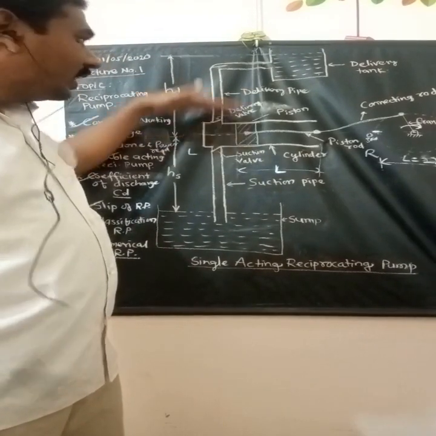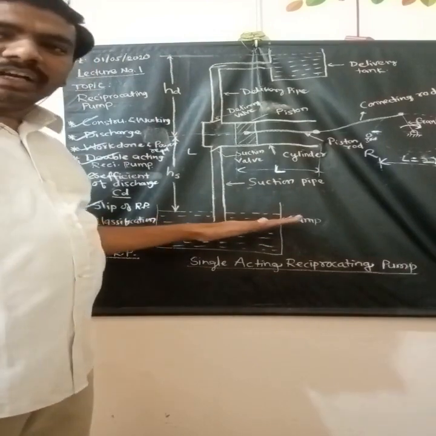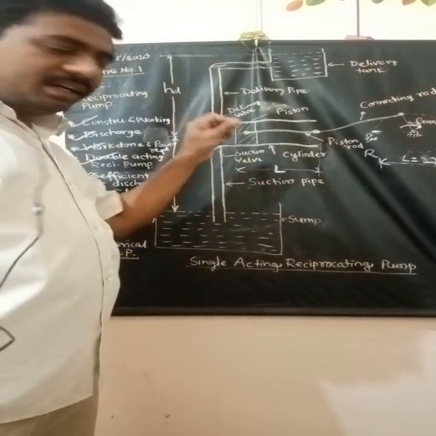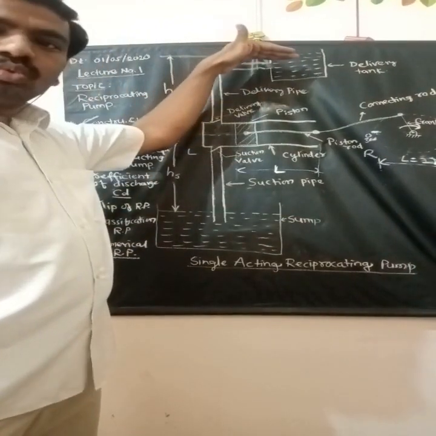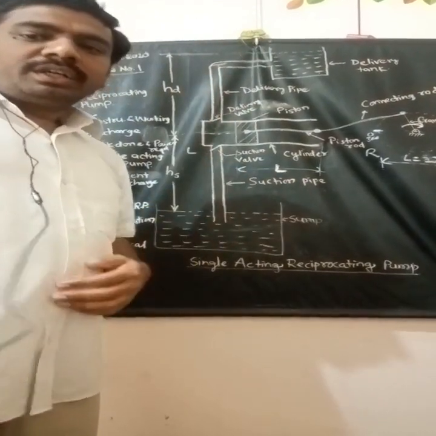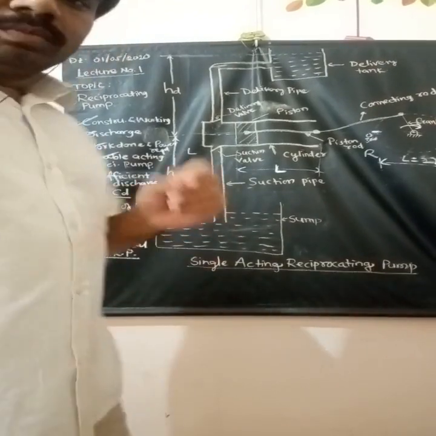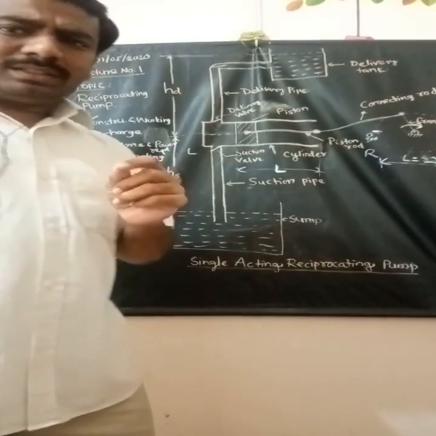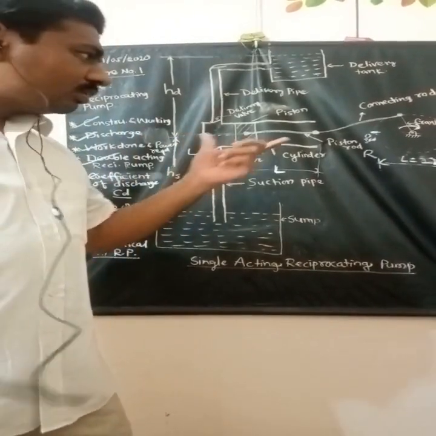So the total head at which the water needs to be lifted is equal to the summation of these two, that is HS plus HD.